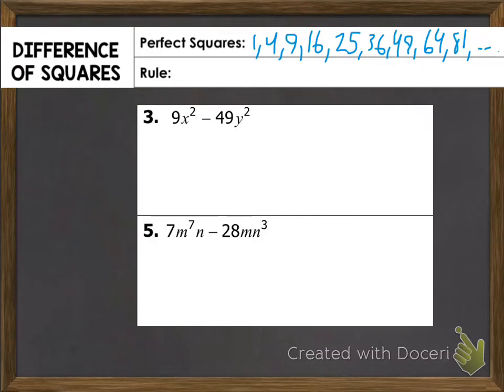Basically, you would just do 1 squared, that would get you the 1, 2 squared is 4, 3 squared is 9, 4 squared is 16, etc., etc. So that's how you would find all of your perfect squares.